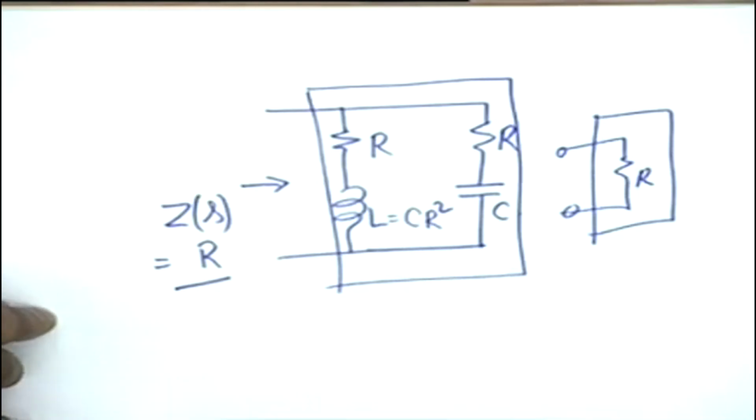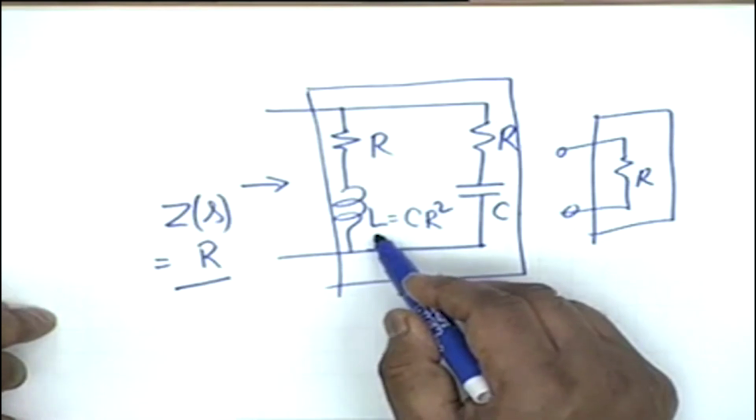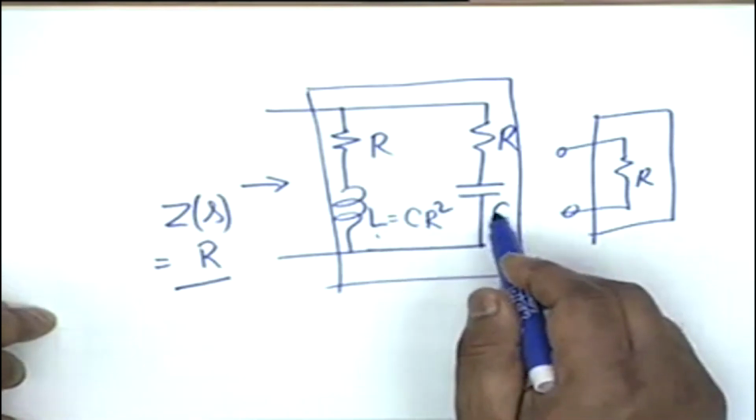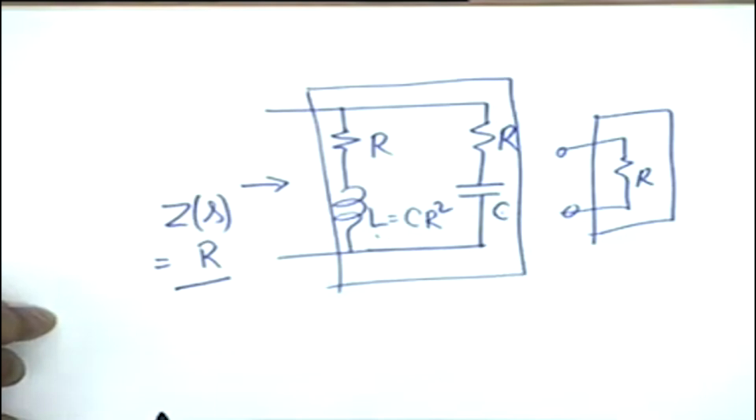And this is one of the manifestations of resonance. Is this a case of resonance? Yes, because there is a reactive element, there is another reactive element, and the conspiracy is such, pure, but it's not at a single frequency. It's at all frequencies, and therefore this is all frequency resonance. It is not a single frequency resonance.